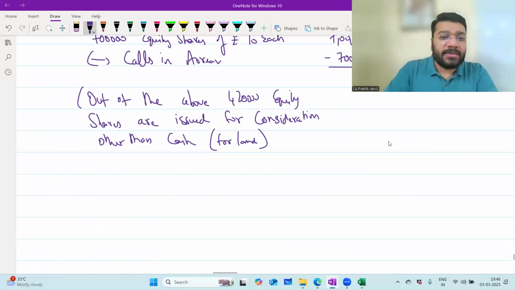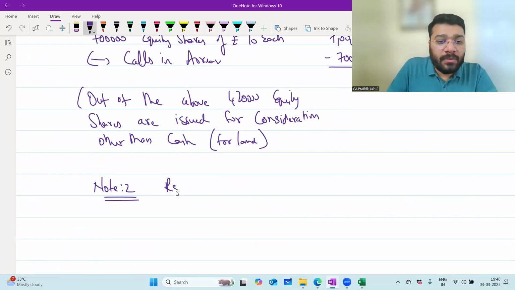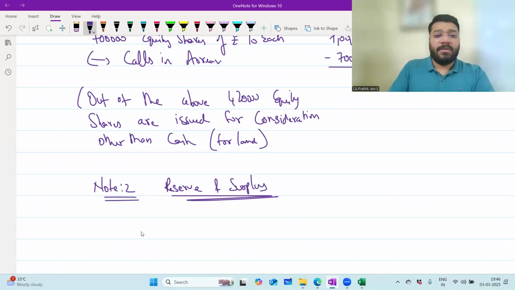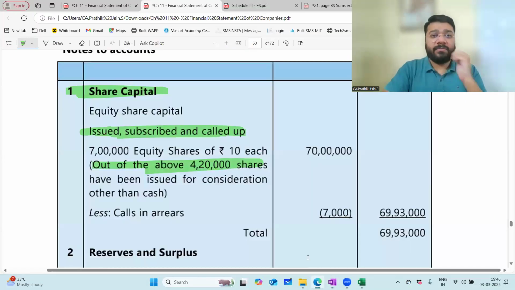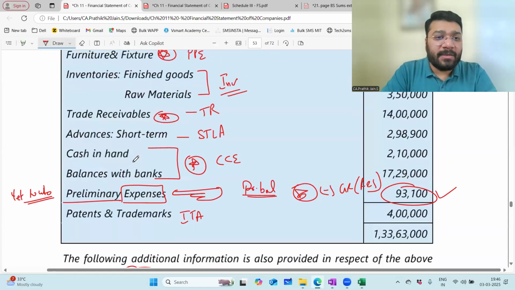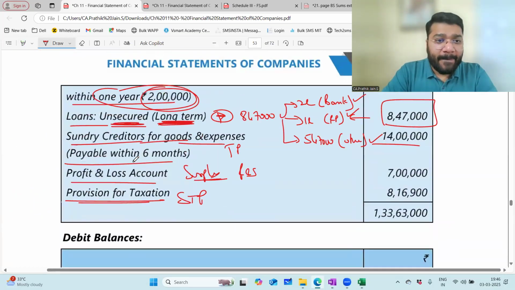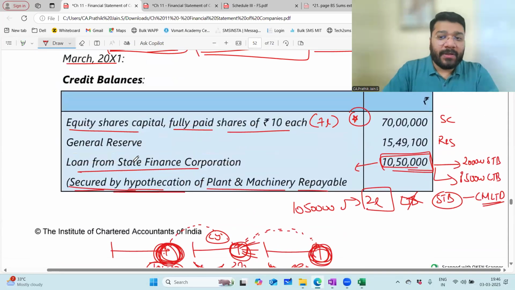Okay. Next is note 2, reserve and surplus. In that, how many types of reserves do we have? Two, no? One general reserve and another surplus. General reserve is how much? 15 lakh 49,100. Please add in the inner column.